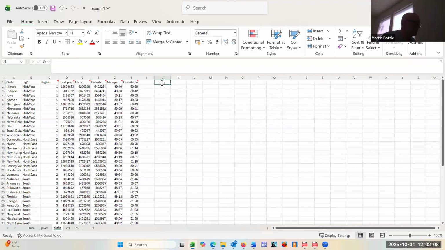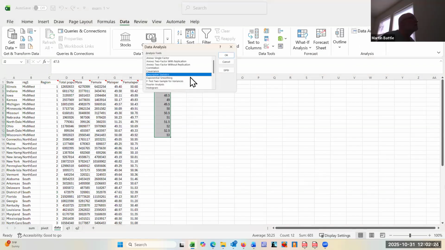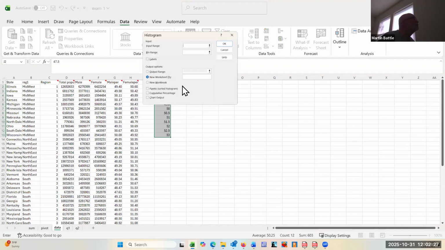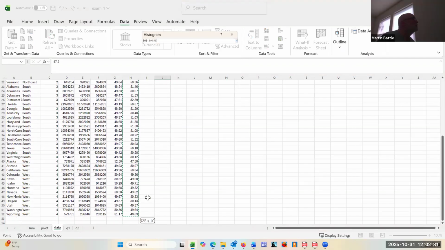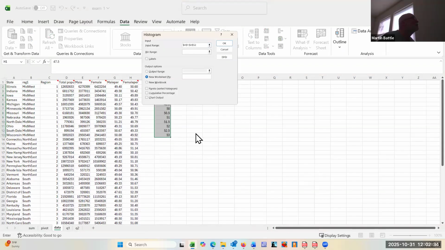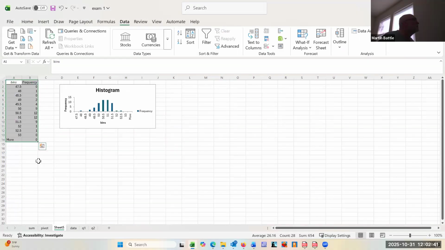So let's say data analysis, histogram, input range, female, bin range, bins, labels, chart output. Click OK.